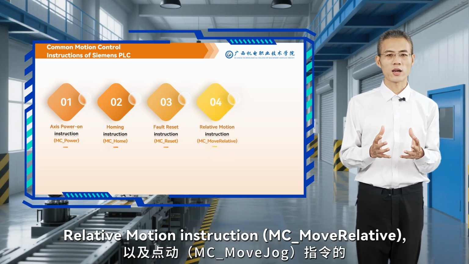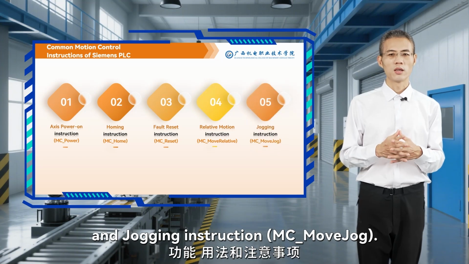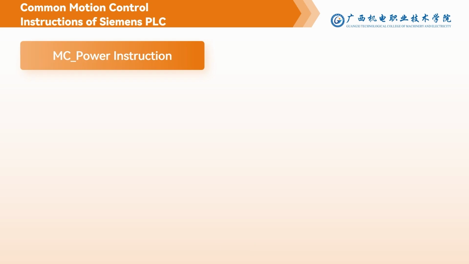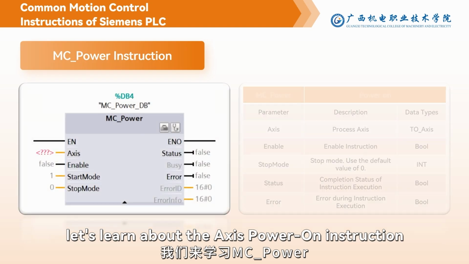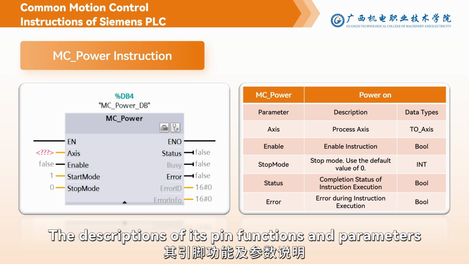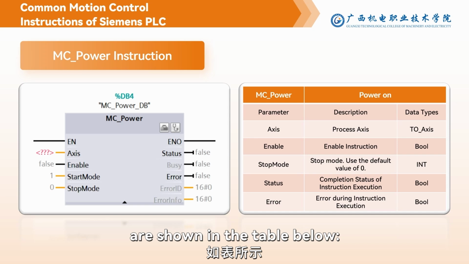Relative motion instruction, MC move relative, and jogging instruction, MC move jog. First, let's learn about the axis power on instruction, MC power. The descriptions of its pin, function, and parameters are shown in the table below.